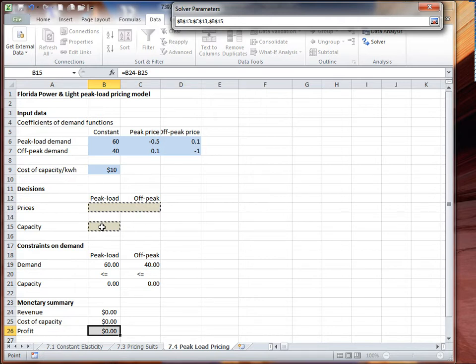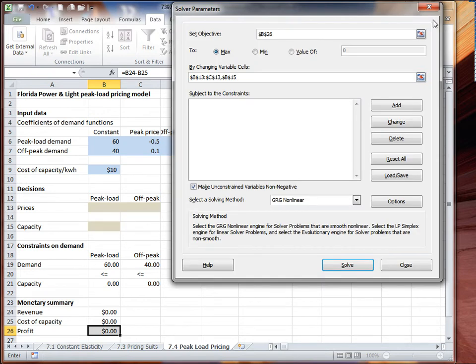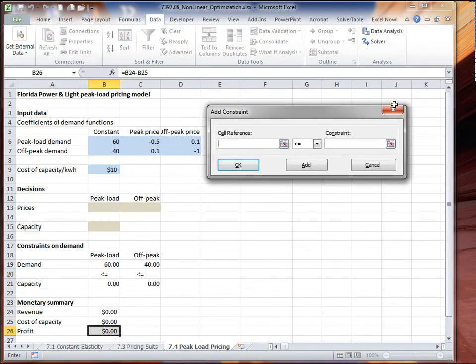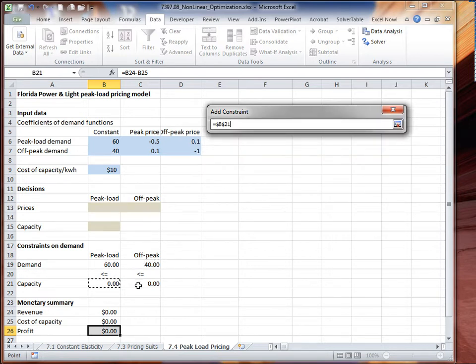What is the right price for peak and off-peak electricity, and what's the right capacity? Now, after that, all we have to worry about are our constraints. We have one constraint that says what? Our demand cannot exceed whatever our capacities are.